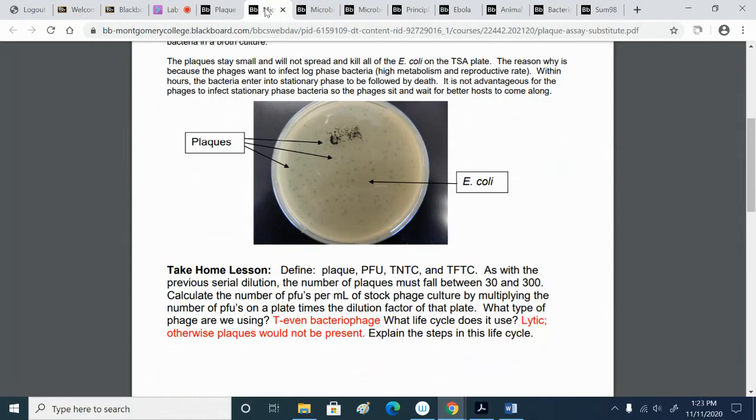What would we see if we were using a lysogenic phage? So if we had used a lysogenic phage, what would we be looking at right now?